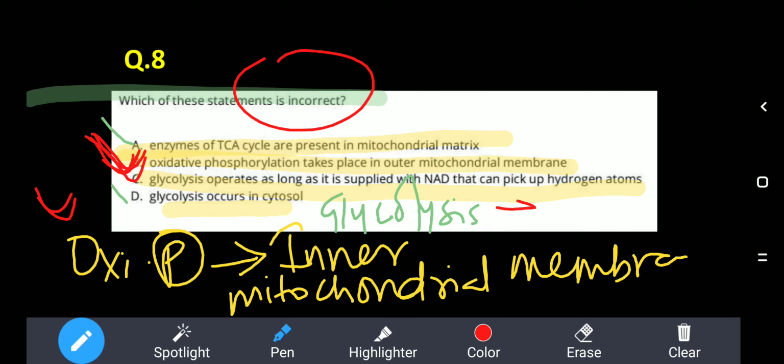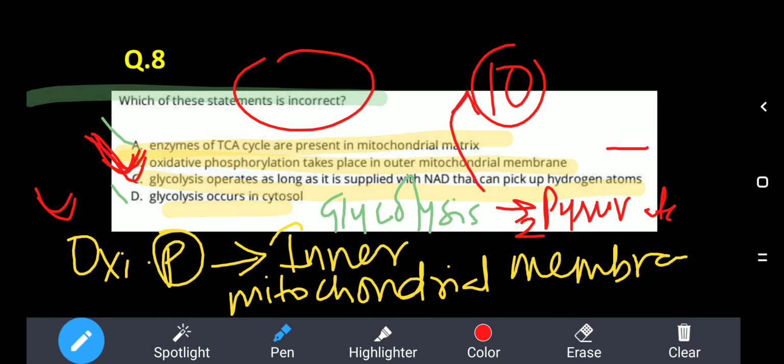So glucose is converted by glycolysis to two molecules of pyruvate or pyruvic acid. And this glycolysis is a 10-step process. Glycolysis is also called the EMP pathway. EMP pathway is the other name for glycolysis.